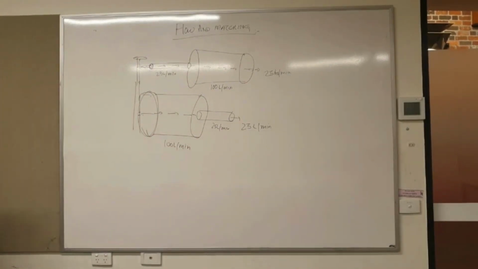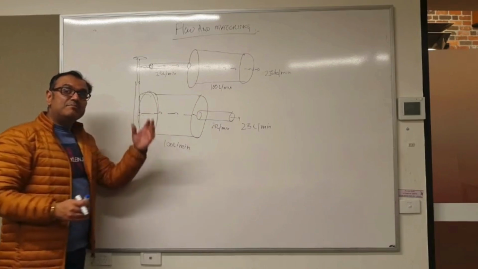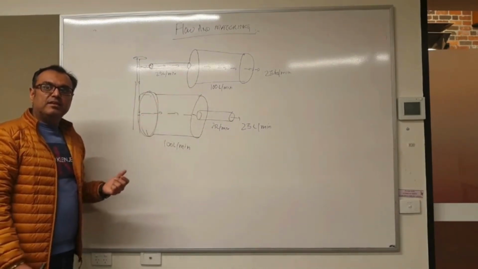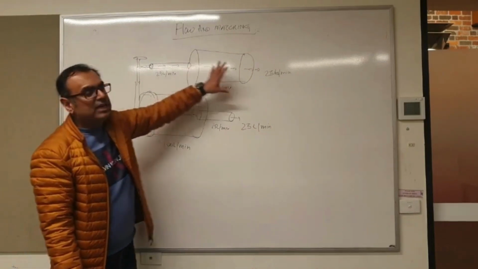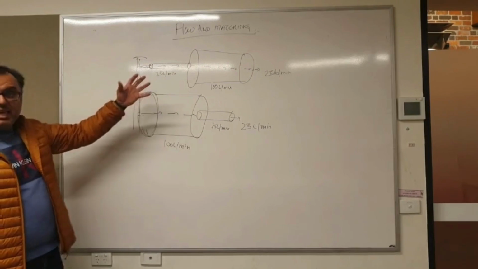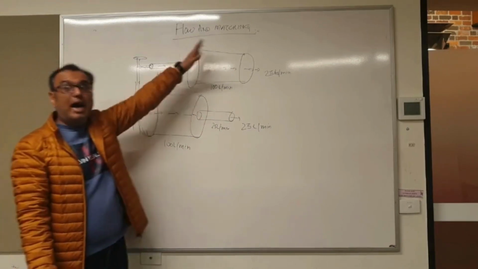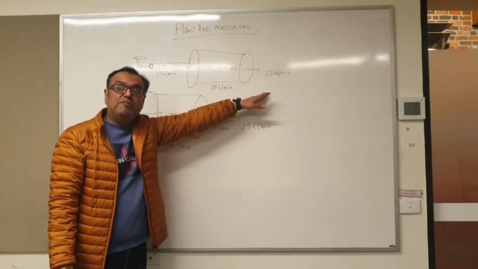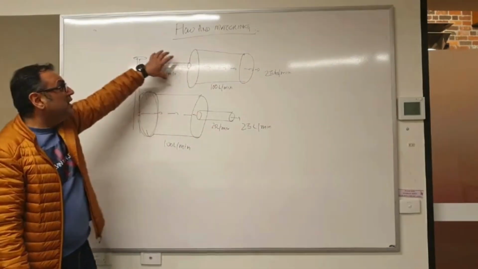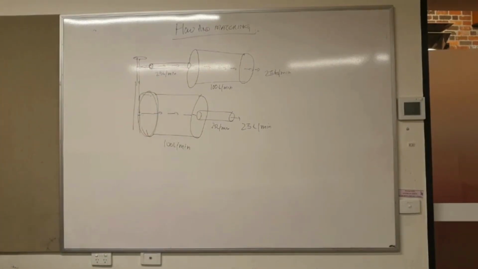Right? So what did we observe here? We observed that the maximum output of a network is equal to the minimum capacity of that network, right or wrong? That's what we observed.